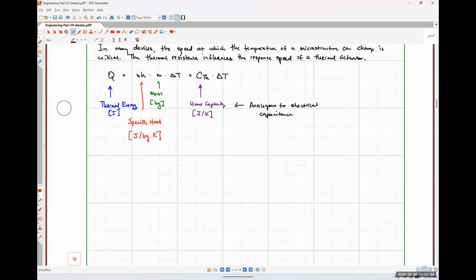And then from this, our time constant, tau, is going to be our thermal resistance times our heat capacity or thermal capacitance, which we could write out or expand as our thermal resistance times our specific heat times the mass of the object that we're heating. Okay.